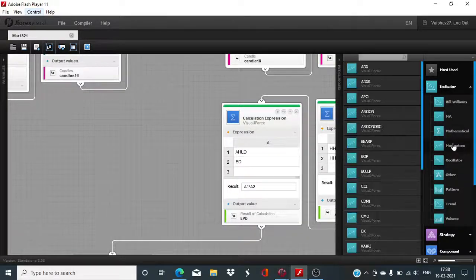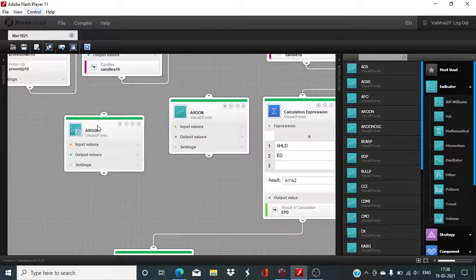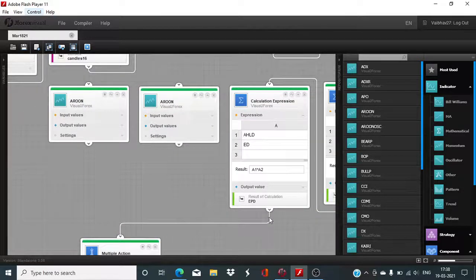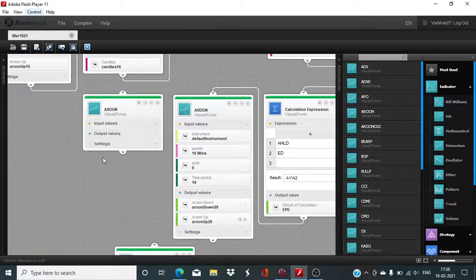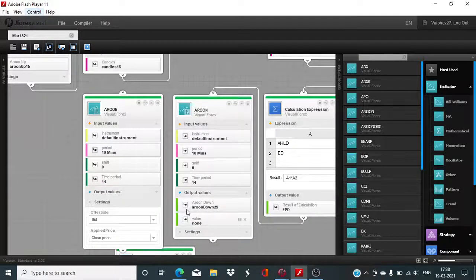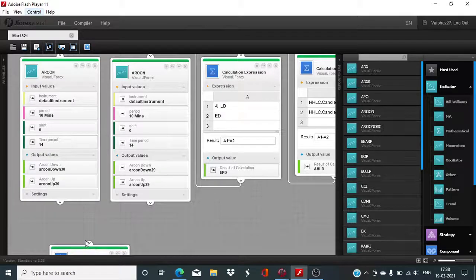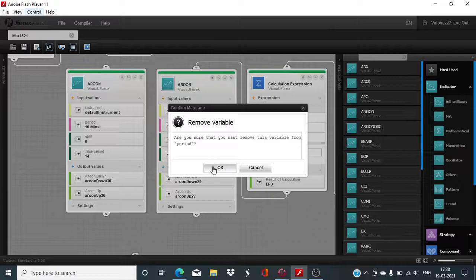And here come these Aroon blocks. As I had said, we will need to disconnect it, and we did have to connect it now. These need to be changed to hourly.